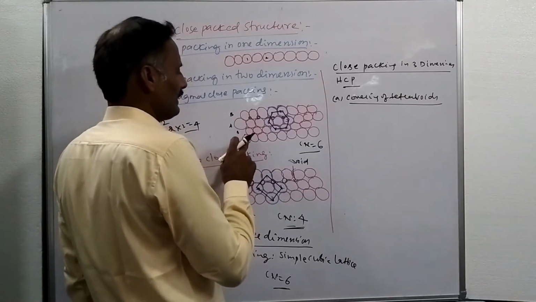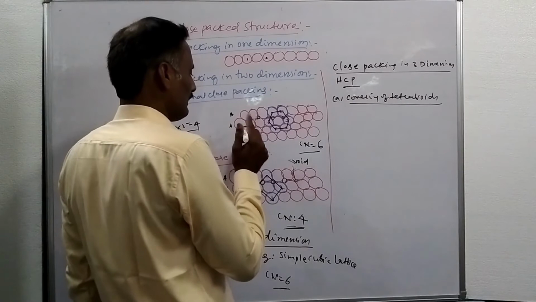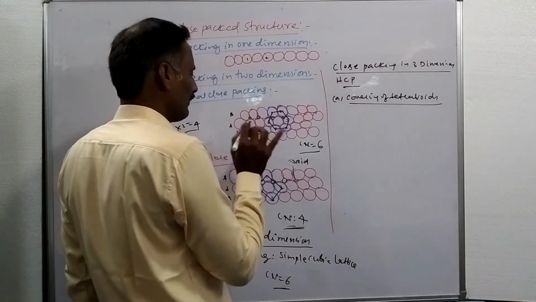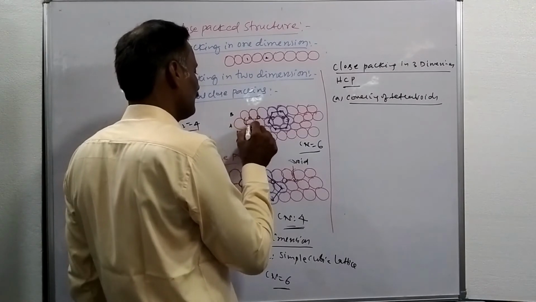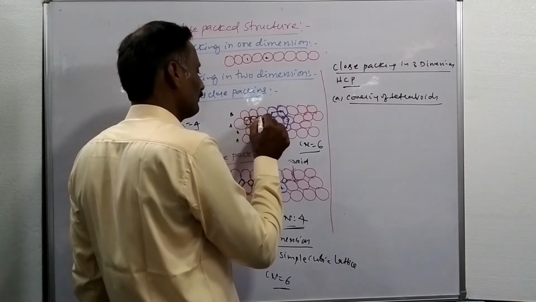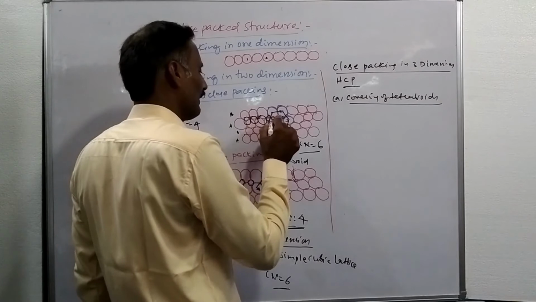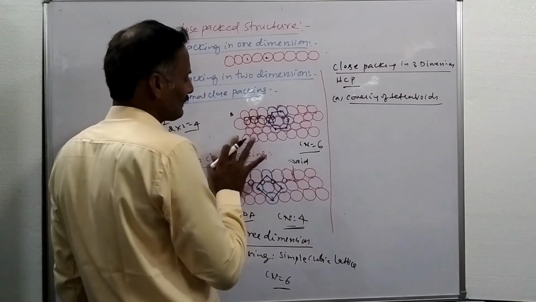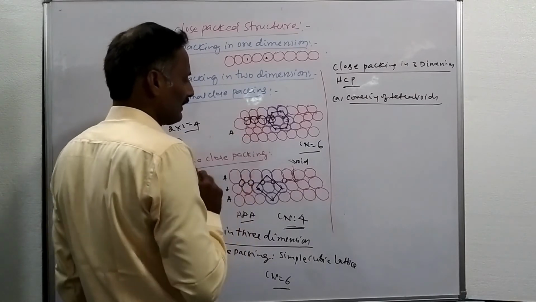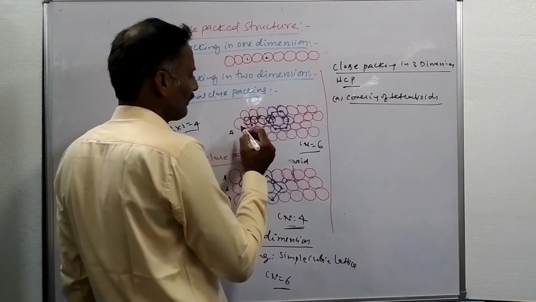Then if you place a second layer over the first layer in such a way that it covers the tetrahedral voids like this. This is called a tetrahedral void. If you cover the tetrahedral voids of the first layer, then the first layer is called A type, and the second layer is called B type.